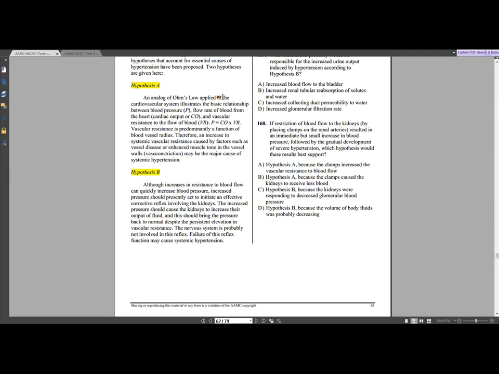The would be the article to this superlative. Illustrates the best relationship. So the cardiovascular system is the object. See, it doesn't make any sense at all. I mean, there wouldn't even be any reason to apply it. What use is it to apply something?